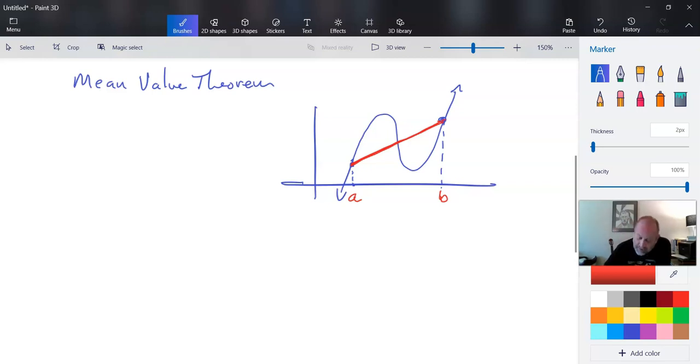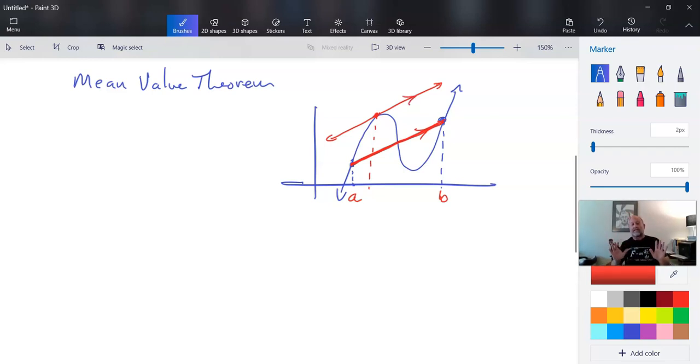If on this interval you have a particular average rate of change between these two endpoints, then somewhere between the two endpoints you have a point on the function whose instantaneous rate of change matches the average rate of change. So in this case, it would be finding a point like here so that the tangent line at that point is parallel to this. So these guys are parallel.